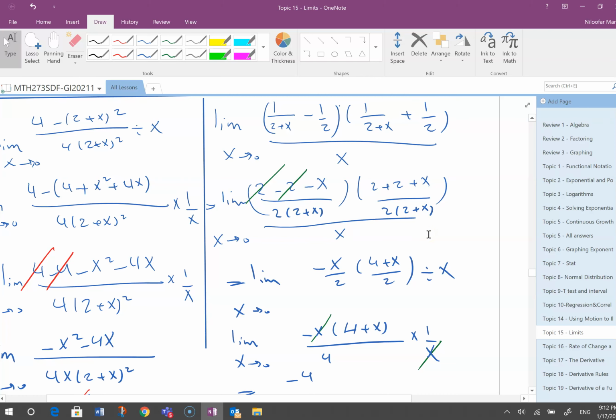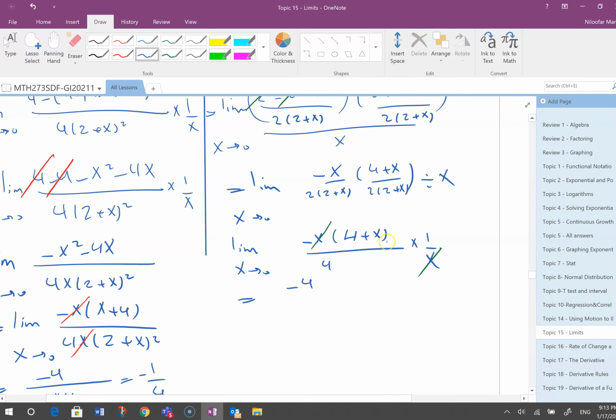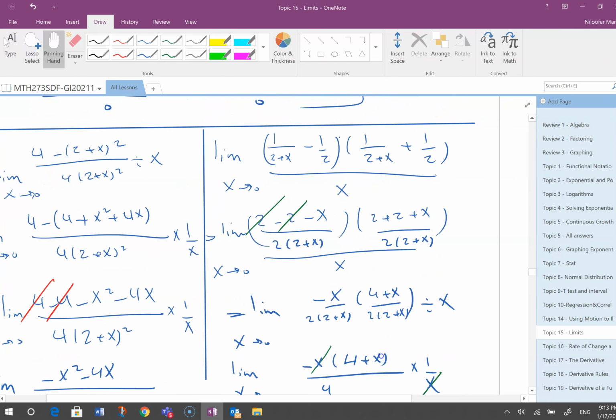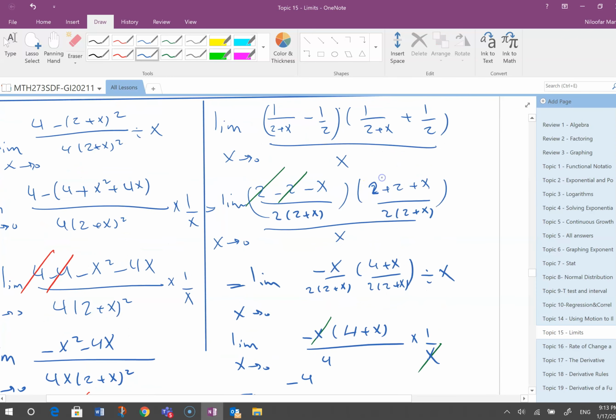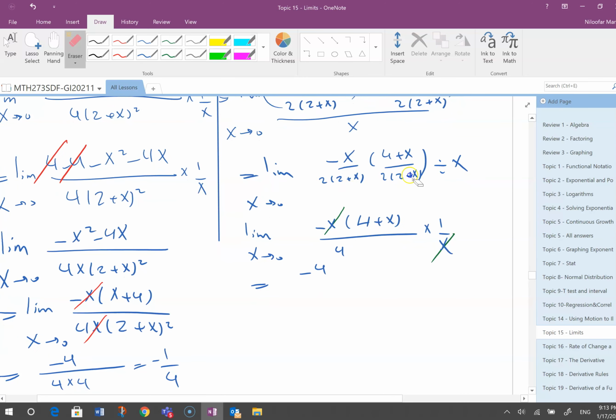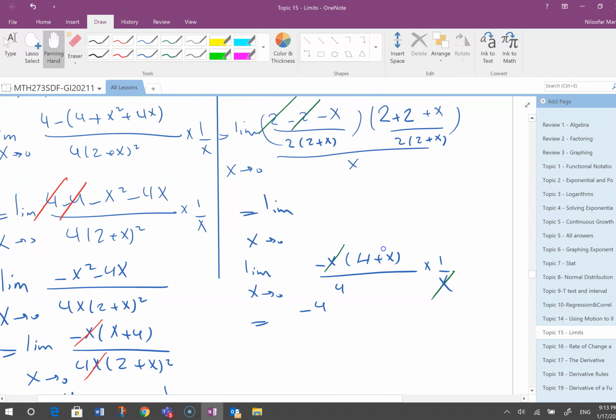So it is minus x over 2 times (2 plus x), and this over 2 times (2 plus x), and then it is minus x. So let me write it more beautifully.